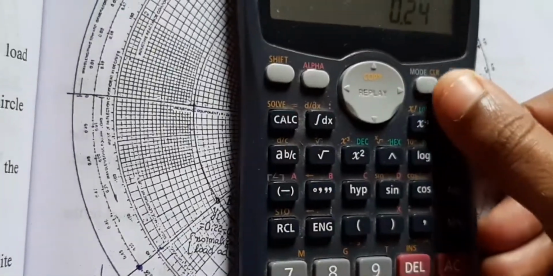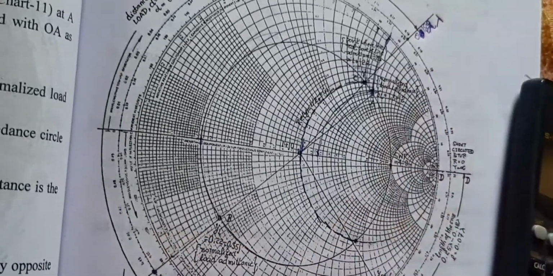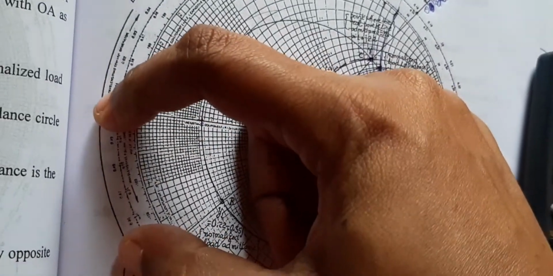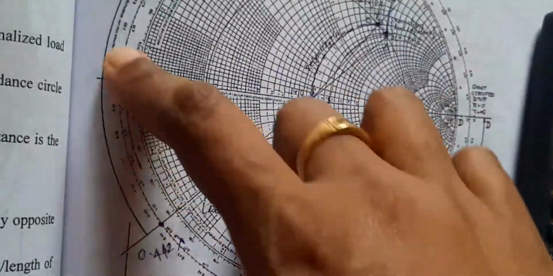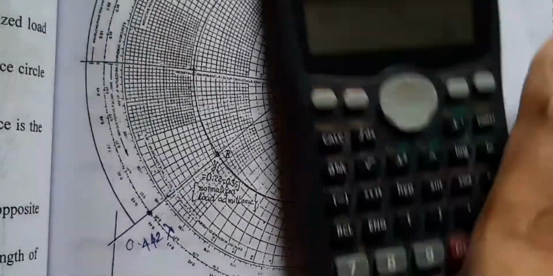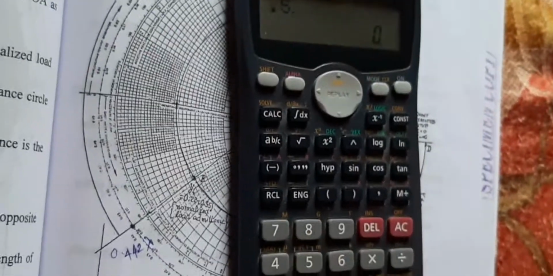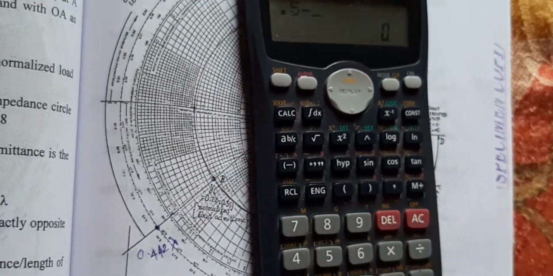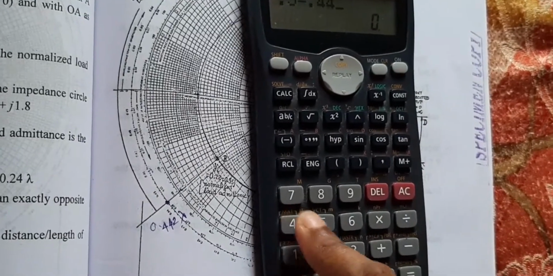Otherwise, you want to measure this distance, correct? So measure the distance below. First you want to find this distance, so from the total rotation you subtract. One rotation takes 0.5 lambda. So 0.5 minus this value, 0.442.